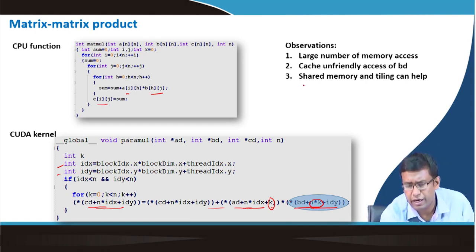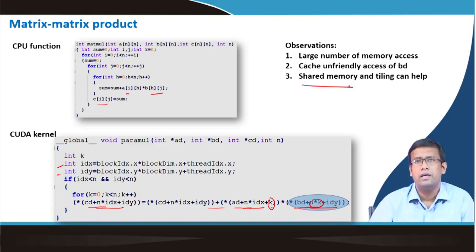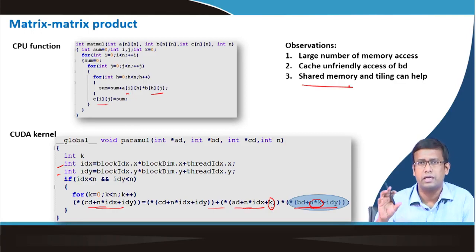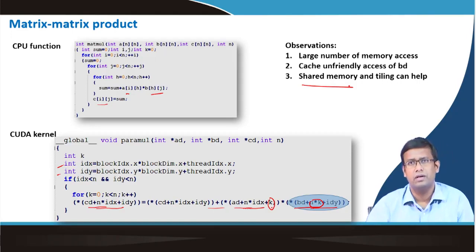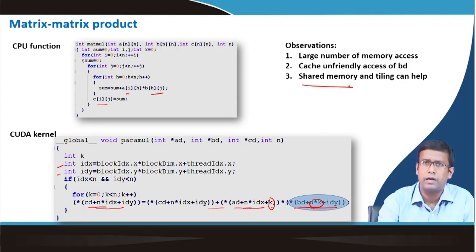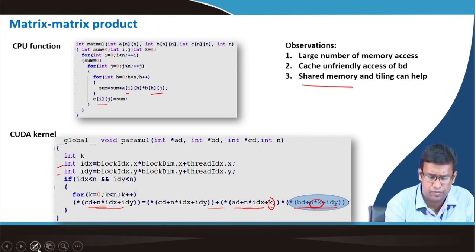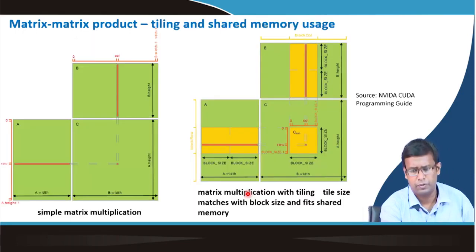So, utilizing shared memory might help us, and utilizing tiling, as we have seen earlier, if we consider blocks of the matrices and do the multiplications only within this block, we can use many of the cached variables, and that also can help. So, using shared memory and tiling can help us in terms of memory access and improve the performance. This particular program will have some performance issue.